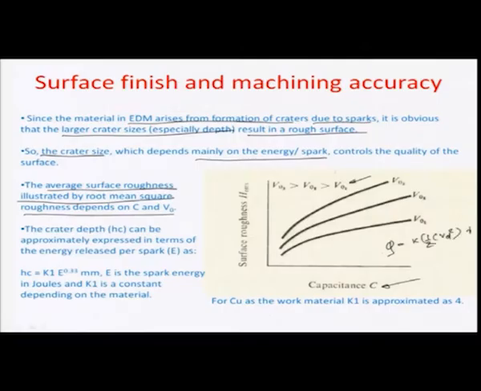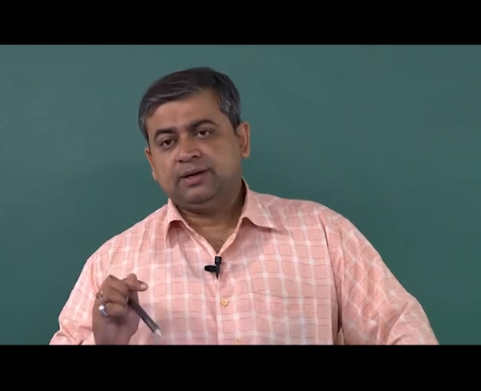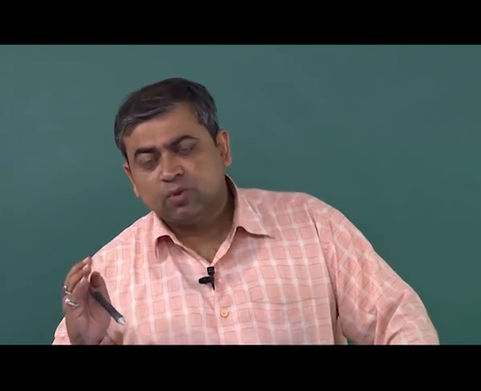As one can see easily, if C is more, the material removal is more, meaning that half CVD square is essentially the energy packet that we are talking about during one EDM spark. So, if half CVD square is more, it automatically means that the energy density being delivered onto the material is much higher, and the crater size would be greater.